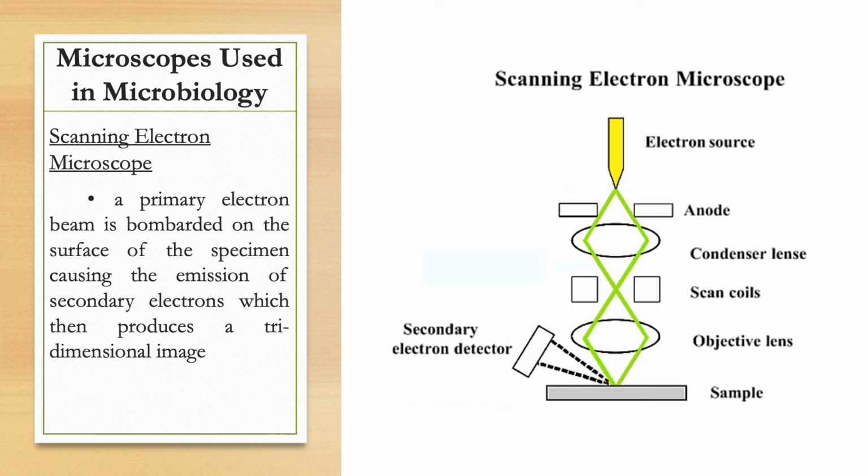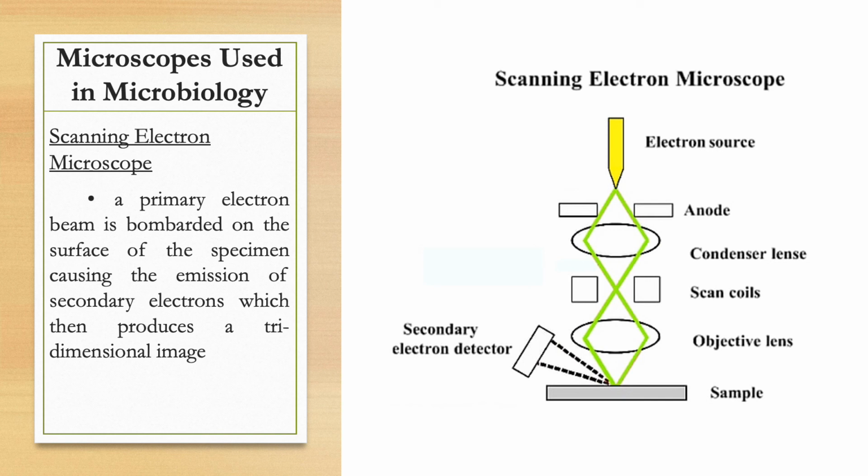So one thing to note here is that your sample has to be coated with a substance that does not allow your electron beams to pass through. And this allows the electrons to be deflected and then subsequently detected by a secondary detector. And this gives us our 3D structure of our cell or bacteria.